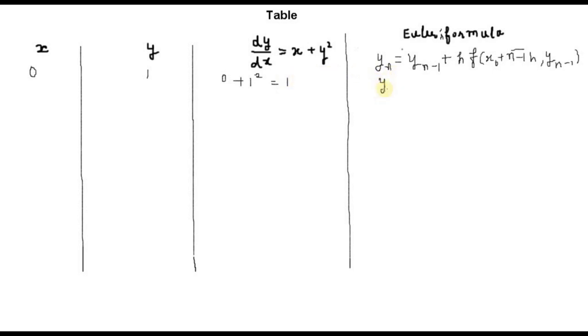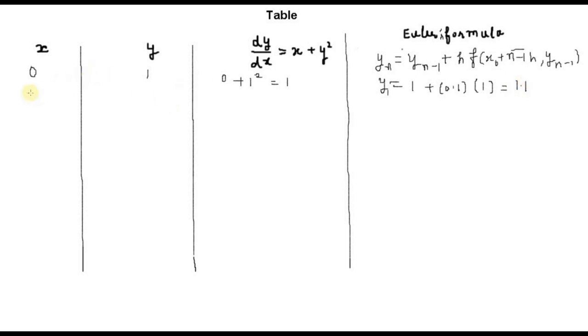This is the first step, so it is y1. y1 equal to y0, which is 1, plus h, the step size we have taken, 0.1, times the value of the function calculated here. So y1 is 1.1.